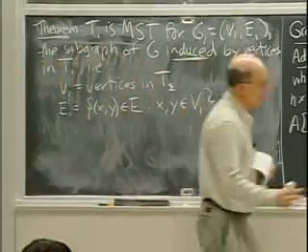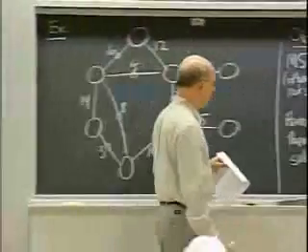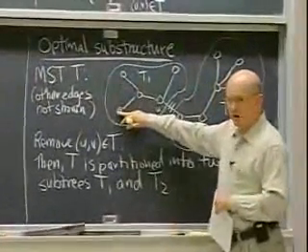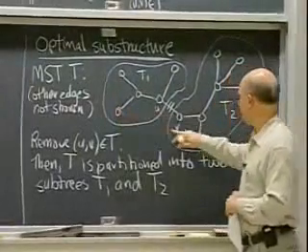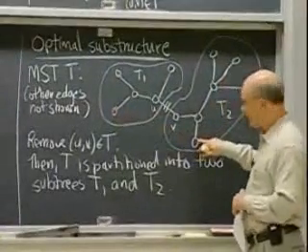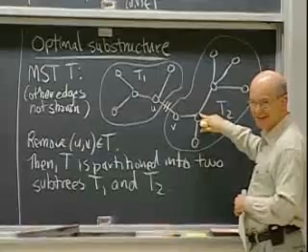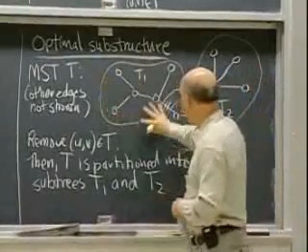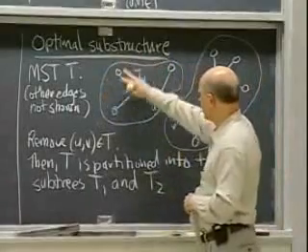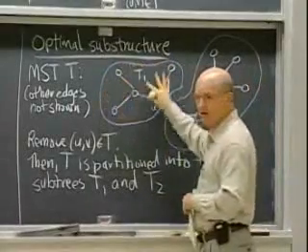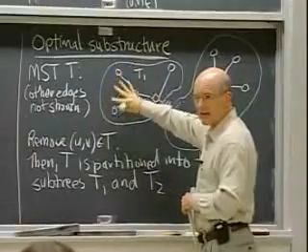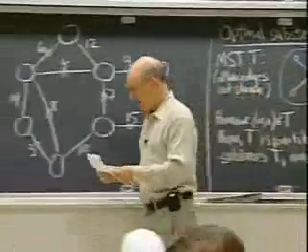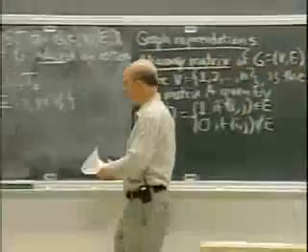I haven't shown the edges of G here, but if an edge went from here to here, that would be in E1. If it went from here to here, it would not. And if it went from here to here, it would not. So the subgraph induced by the vertices of T1 is just those edges that connect up things in V1. And similarly for T2.